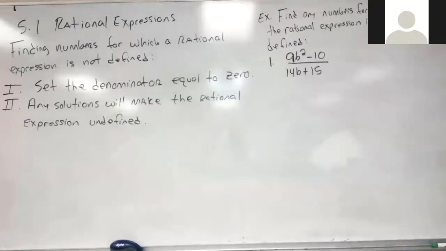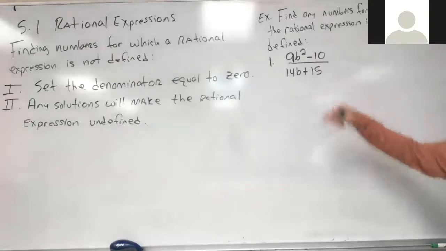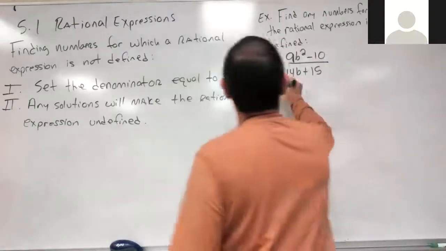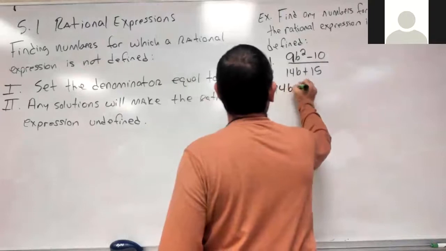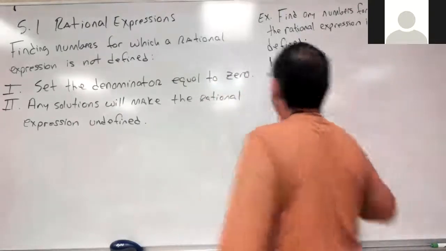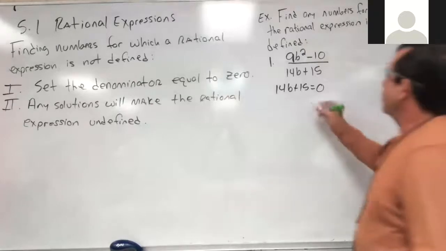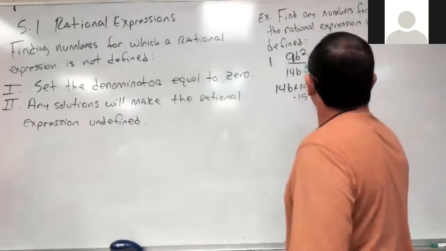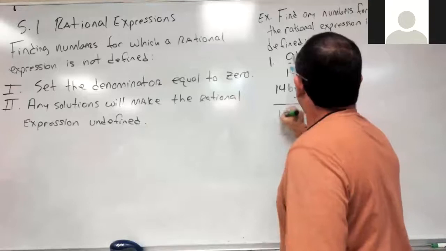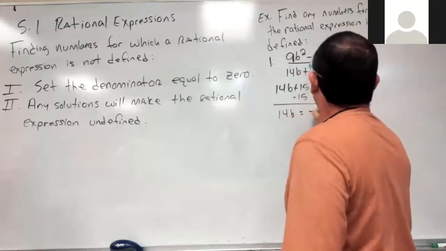All right, y'all, so on this problem, I'm gonna take that bottom of that fraction, set it equal to 0. And then y'all get to solve that. So we got 2 moves on this. I'll start out by subtracting 15 from both sides. So I get 14b equals negative 15.